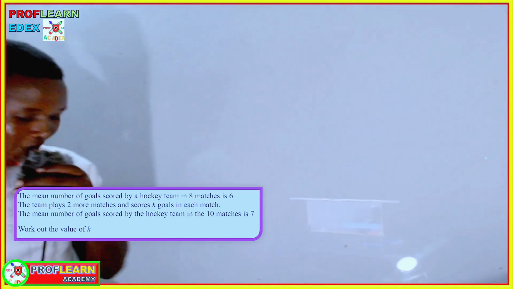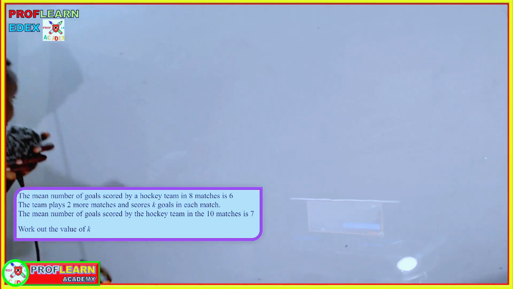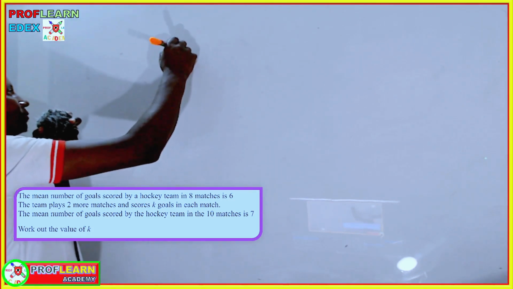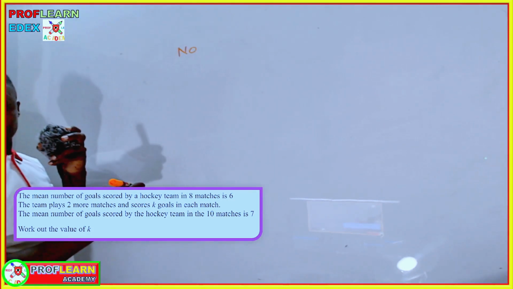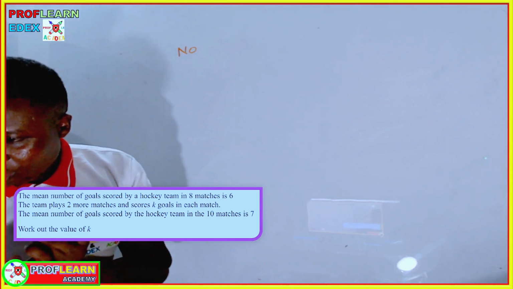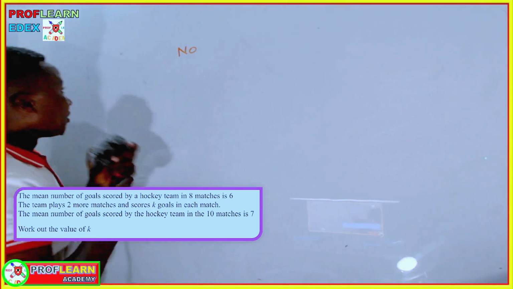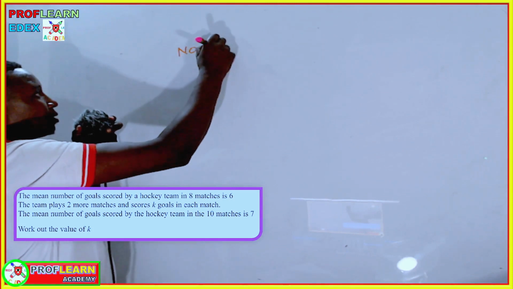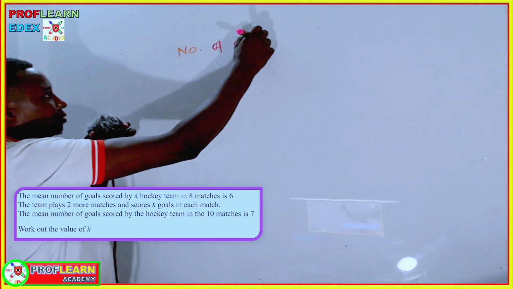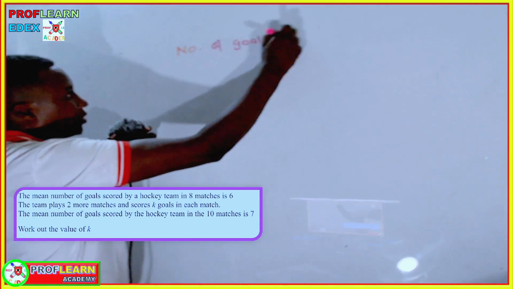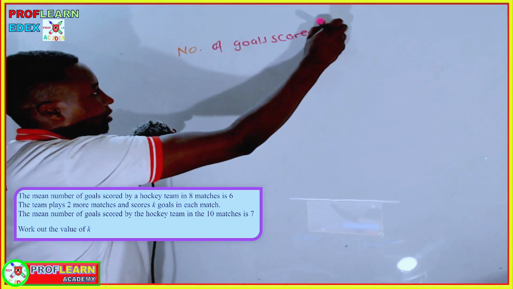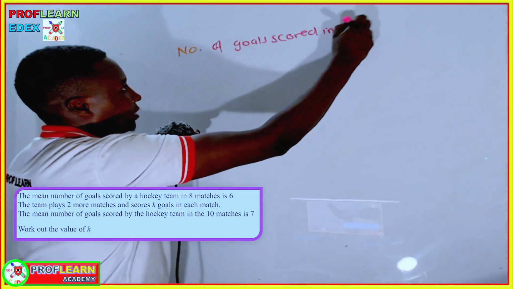So in order to work out this question, because we are supposed to find the value of k, we're going to say the number of goals scored in 8 matches.